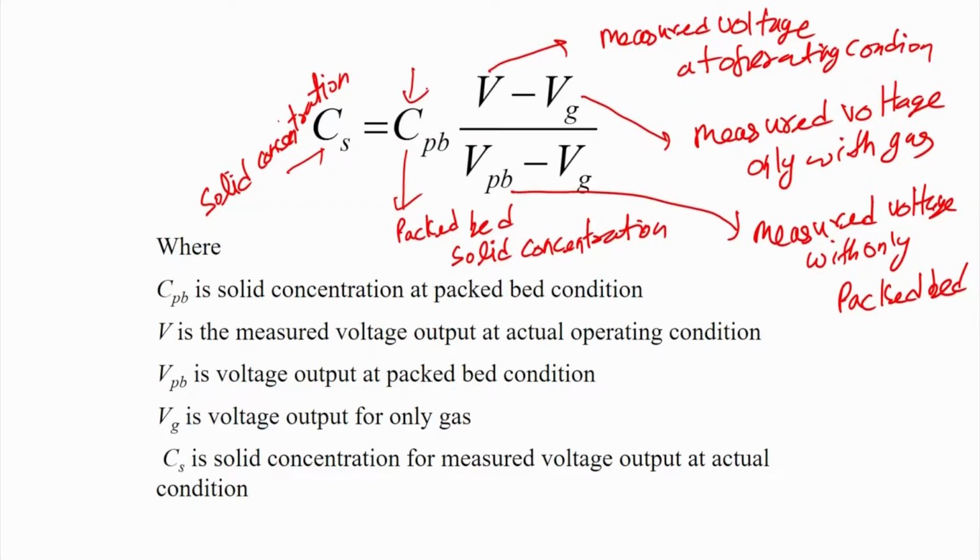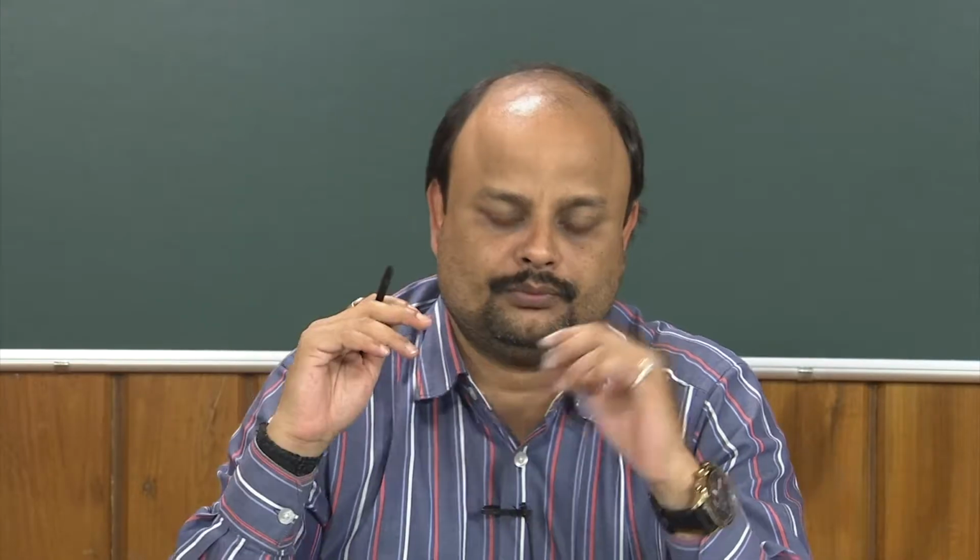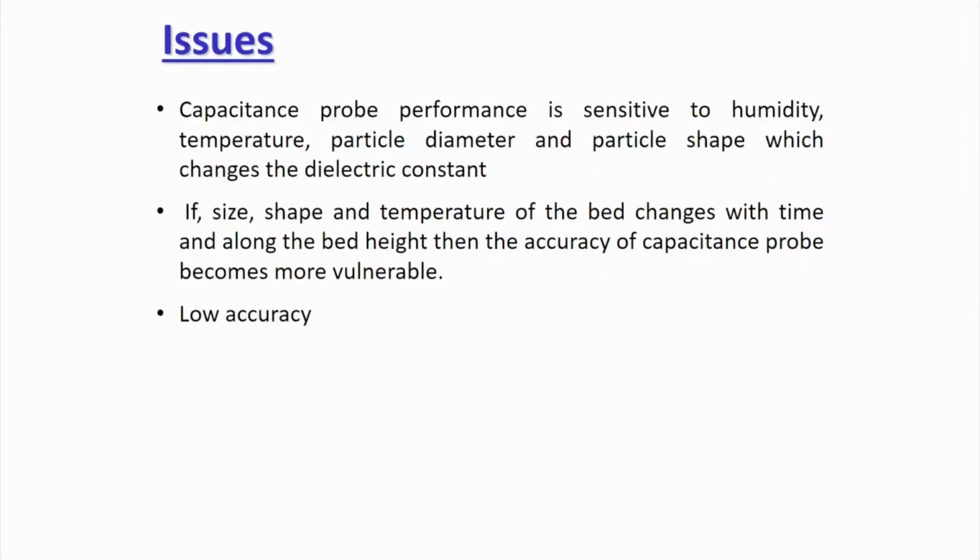And what is the voltage recorded once you insert the probe at the operating condition where you want to measure the volume fraction? Okay. So, you know CPB, Vg and Vpb from your calibration, and V you know during the experiments, so you can calculate the solid concentration. This is the basics used to measure the solid concentration with a capacitance probe. Okay. So, that is the way it has been measured.